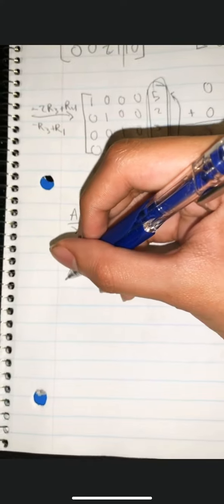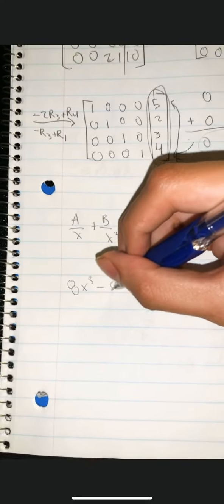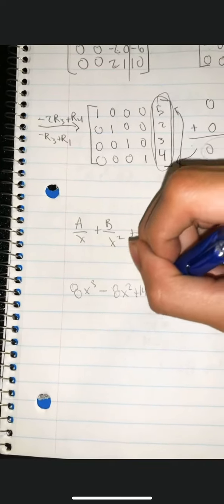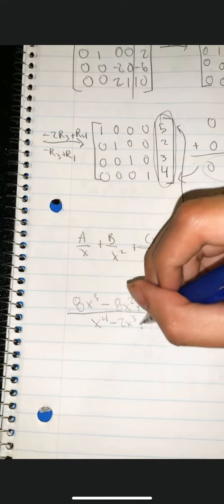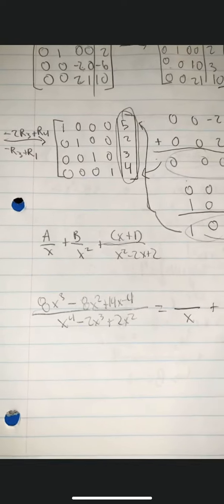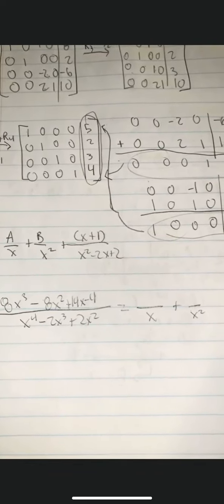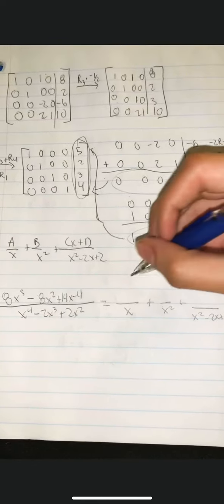So our final answer, I will show you in a second after I write out the original problem, which is Ax cubed minus 8x squared plus 14x minus 4 all over x to the power of 4 minus 2x cubed plus 2x squared equals, so I'm writing out the denominator, right?